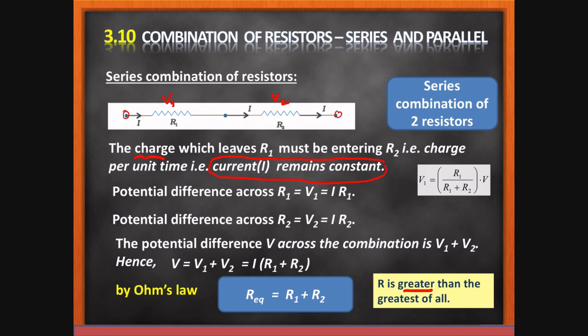There is a simple formula for calculating the potential difference: V1 is equal to R1 upon R1 plus R2 whole bracket into V, and V2 is equal to R2 upon R1 plus R2 whole bracket into V.